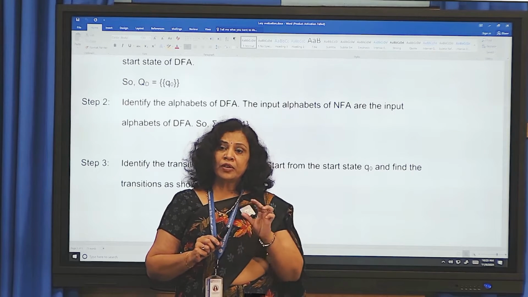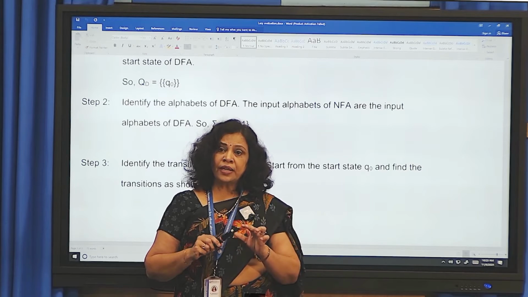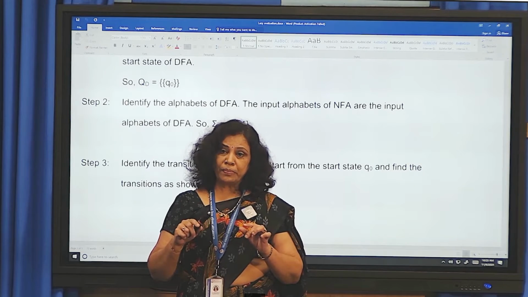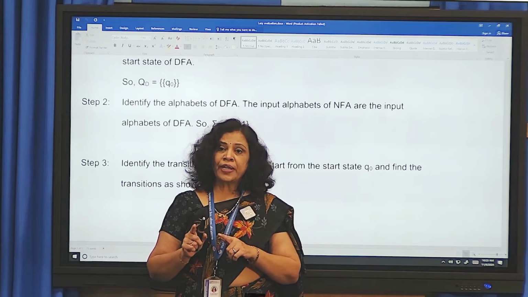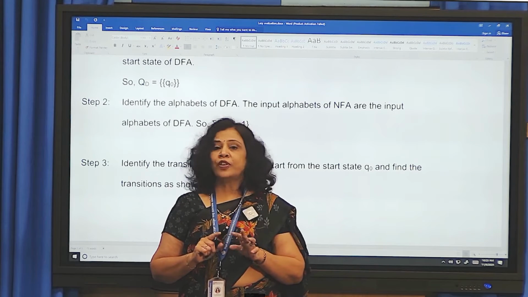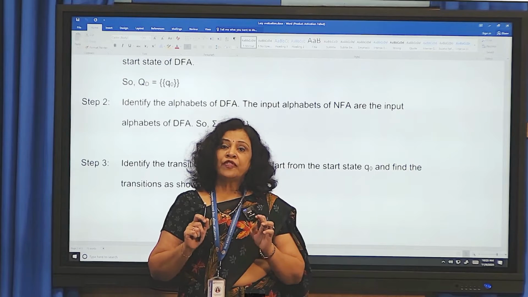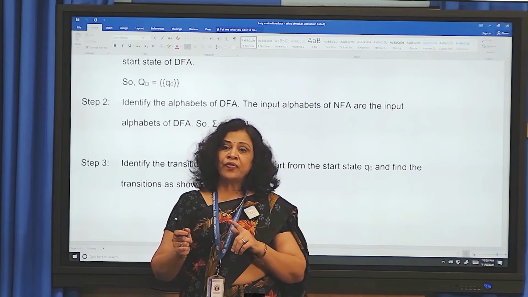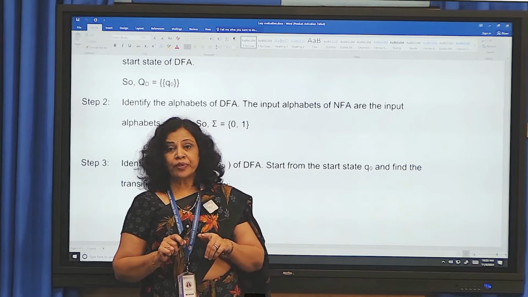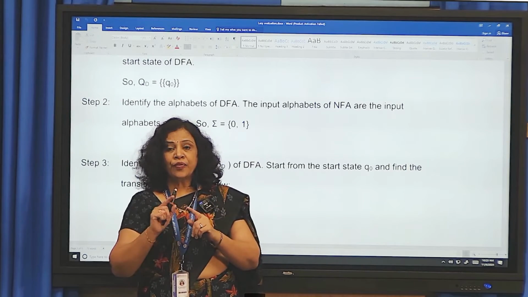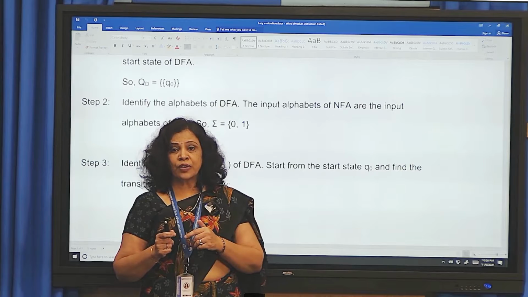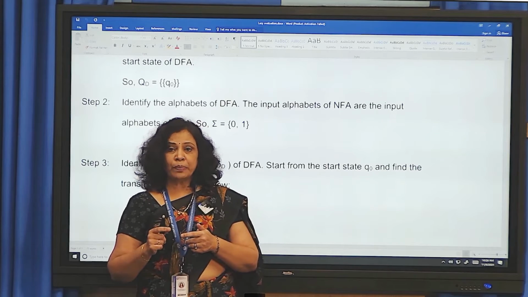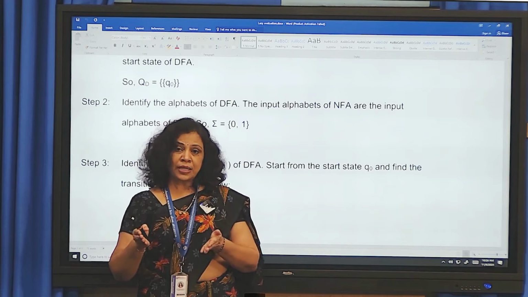Every time we will start with the start state, we will apply the input symbols. We will get a new state. If that new state is already in QD, we won't do anything. If it is not in QD, we will add it to QD. And for that new state, we will apply the inputs. In this case it is 0 and 1, so we will apply the inputs. We will make the transition.